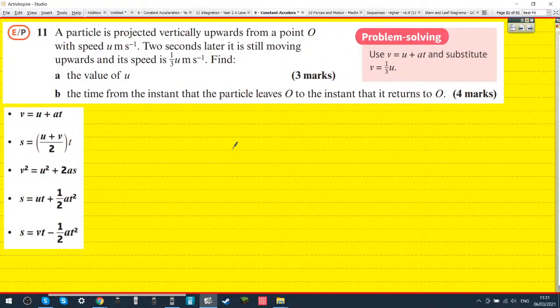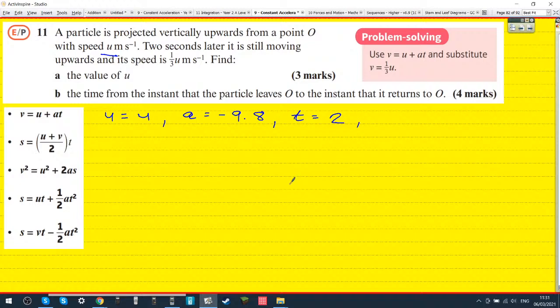So I got initial velocity is 0 and acceleration is minus 9.8. Initial velocity is u. Okay. A is minus 9.8. And what was the third thing? Would that be time? So time is what? 2 seconds. Time is 2.